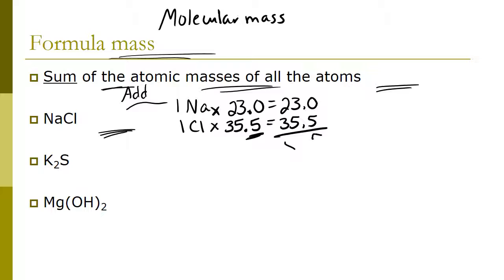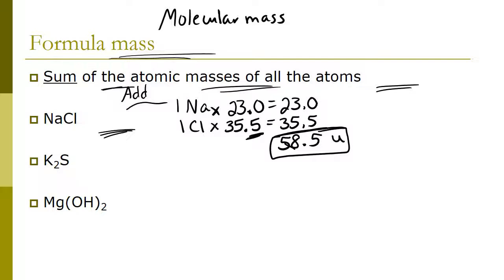And then I'm just going to add these numbers together. I get 58.5. If we want to put units on it, they're atomic mass units. We're only looking at the mass of 1 molecule or 1 formula unit. Later on you might say a molar mass, that'll be in grams, but that's for later on.